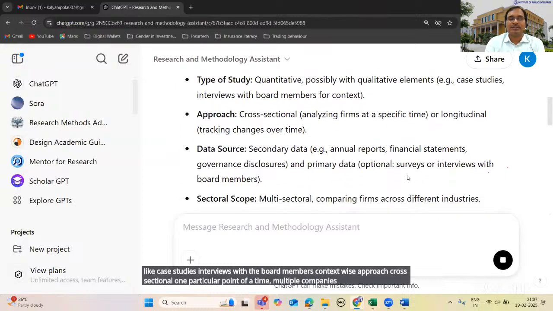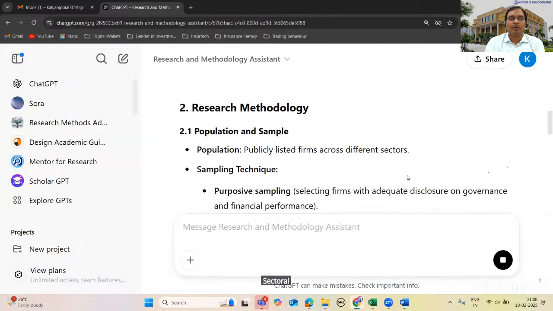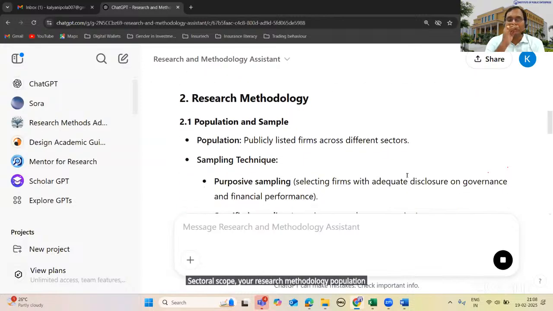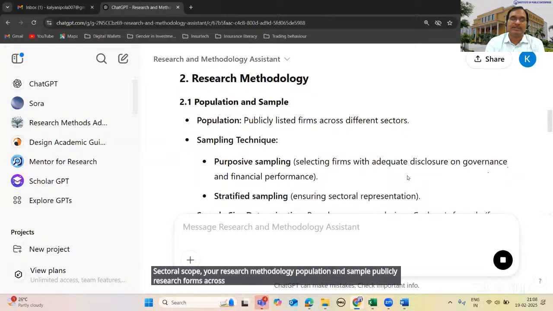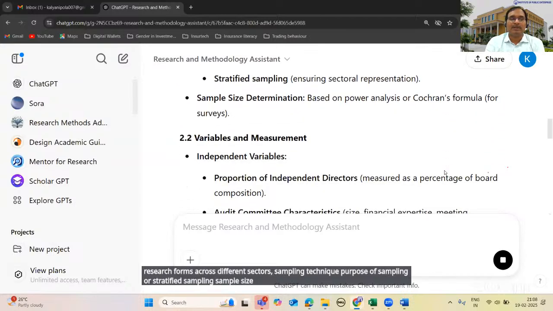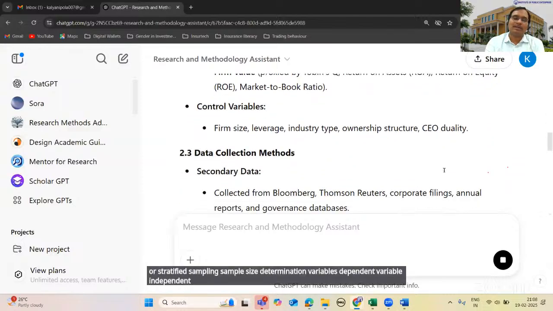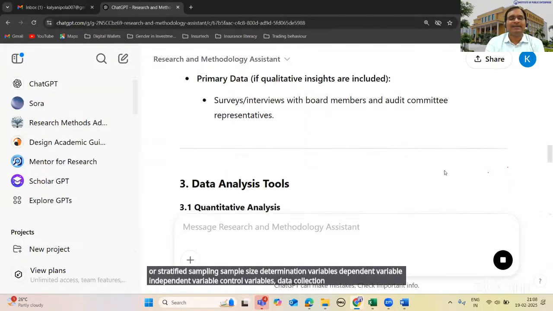Data sources, secondary data from annual reports. Sectoral scope. Your research methodology: population and sample, publicly listed firms across different sectors. Sampling technique, purposive or stratified sampling. Sample size determination, variables, dependent variable, independent variable, control variables, data collection methods, primary, everything.